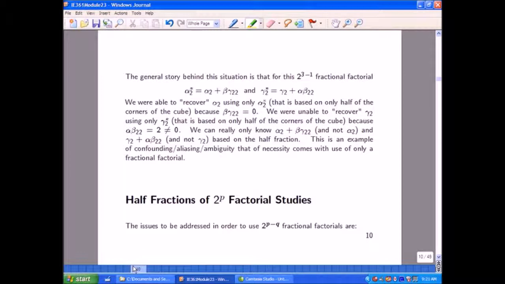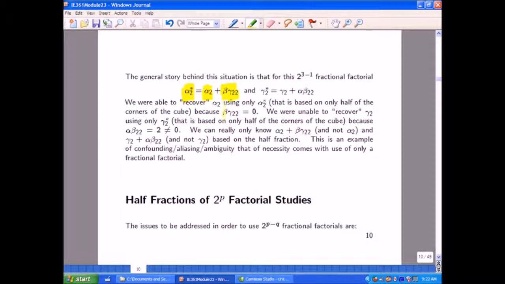That might puzzle me for a while, but what turns out to be the case is this: the half fraction version of the A main effect is the A main effect plus the BC two-factor interaction.